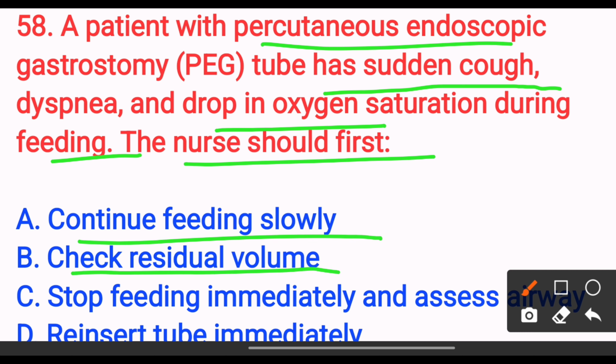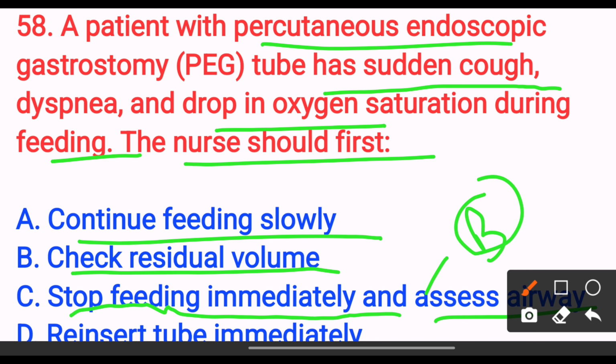Option B, check residual volume. Option C, stop feeding immediately and assess the airway. Option D, reinsert tube immediately. The answer is option C, stop feeding immediately and assess the airway, because symptoms suggest aspiration. First action is to stop feeding and maintain the airway.